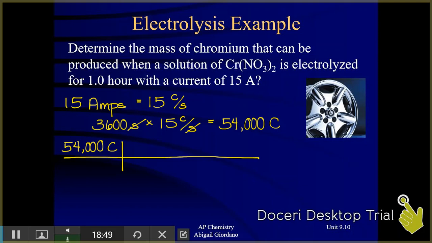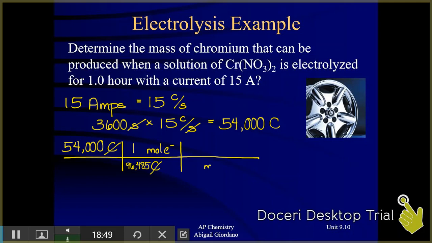So if I'm starting in coulombs right here, I want coulombs to cancel out. Watch what I can do. Faraday's constant is 96,485 coulombs per 1 mole of electron. And now coulombs will cancel out.